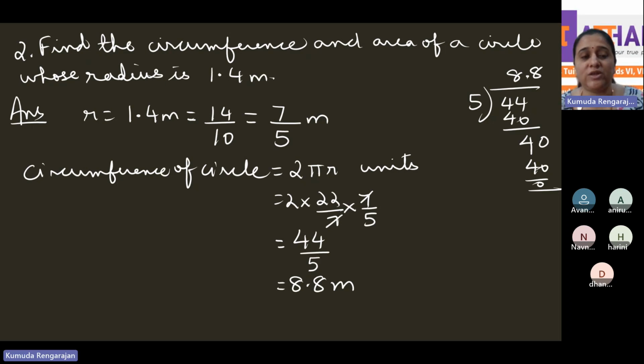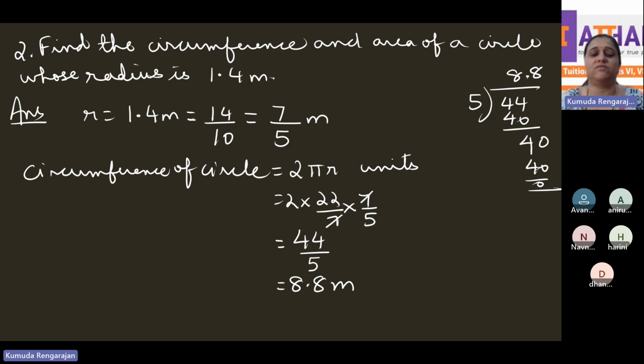Next, we have to find the area of the circle. Ma'am, can I tell it, ma'am? Yes, Avanish? Ma'am, area of circle is equal to pi r square, square units. Read out your steps.